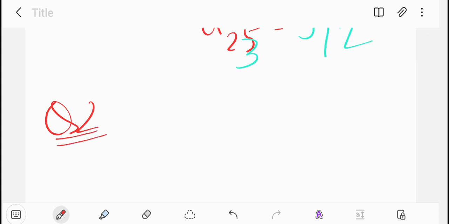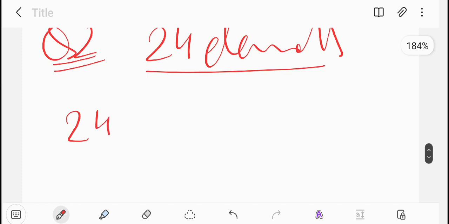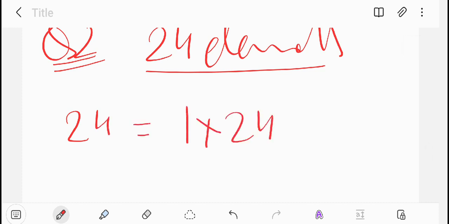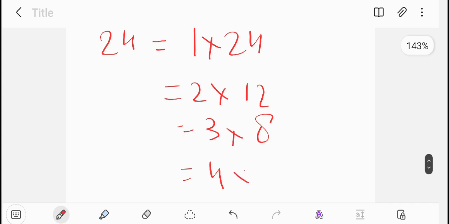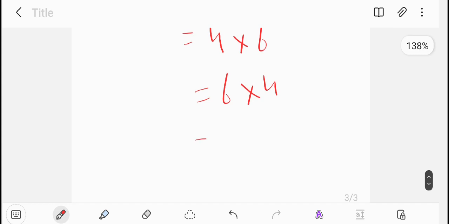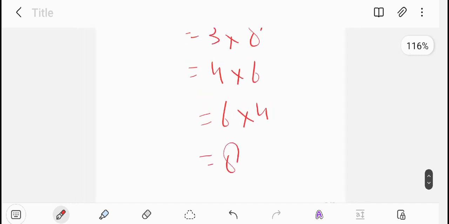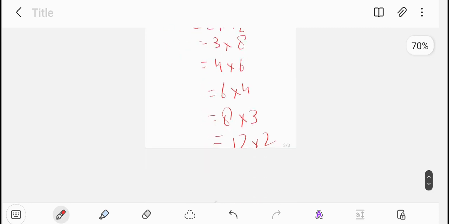We are given that there are 24 elements, and we have to find all the possible orders of the matrices. So we know 24 can be written as 1 into 24, 2 into 12, 3 into 8, 4 into 6, 6 into 4, and further 8 into 3, also 12 into 2, and again we can also write 24 into 1.